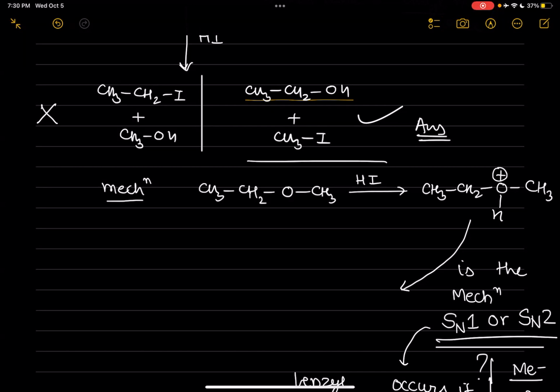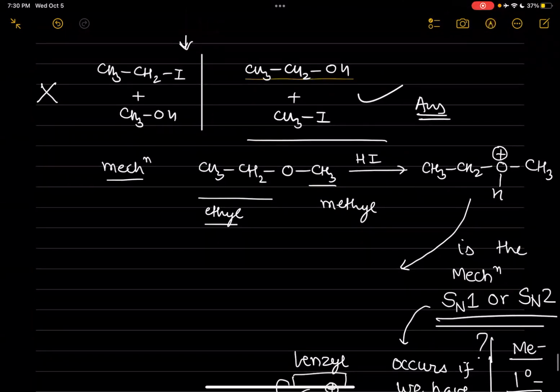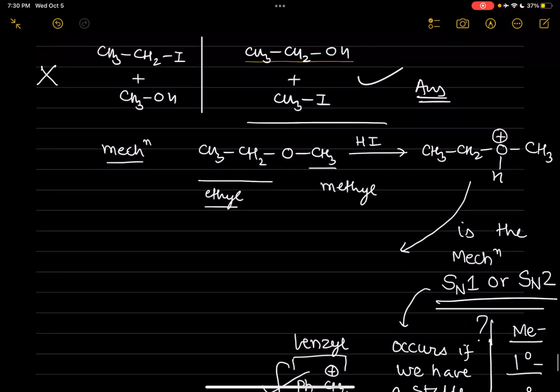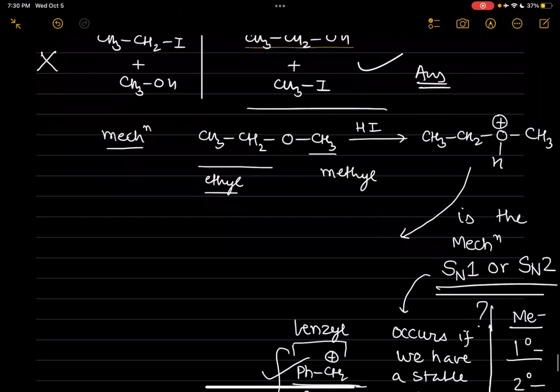We need to look at the structure of the alkyl groups. So this is methyl. And this is ethyl. None of them is tertiary or benzylic. None of them are capable of forming carbocation.